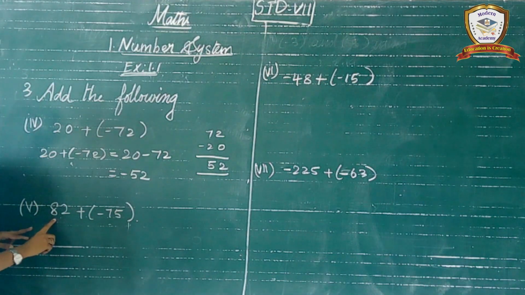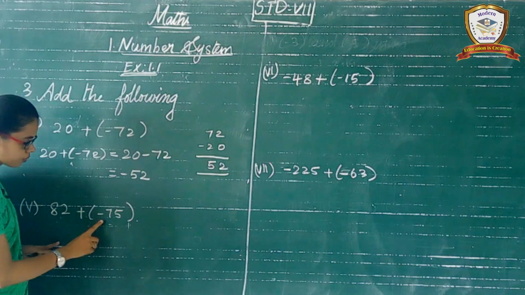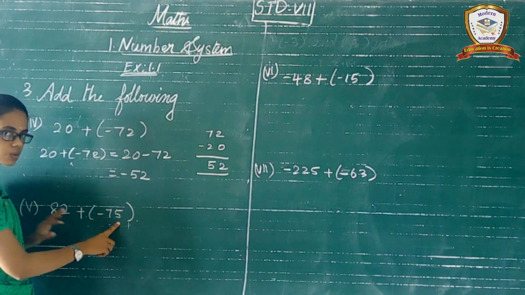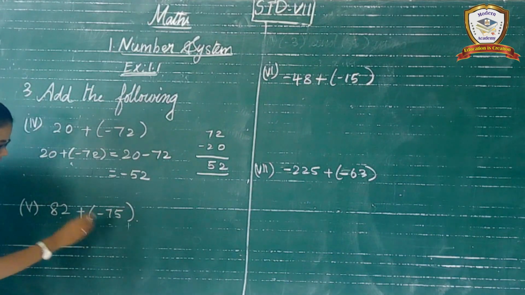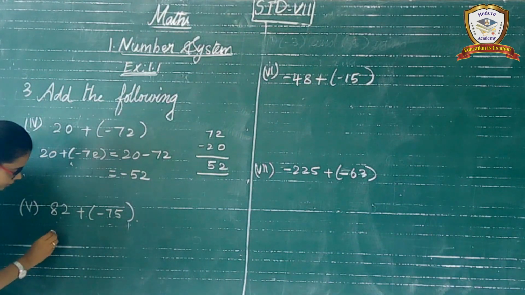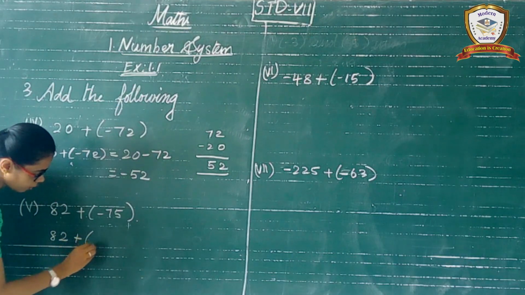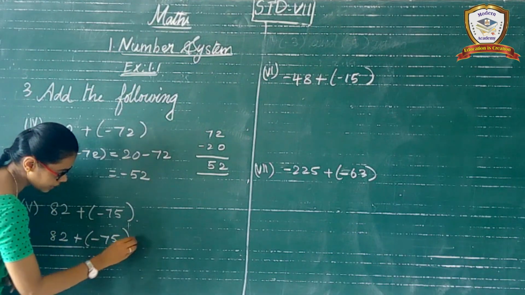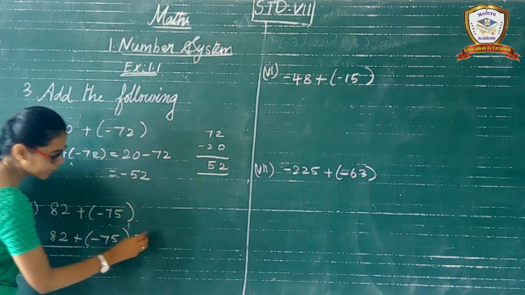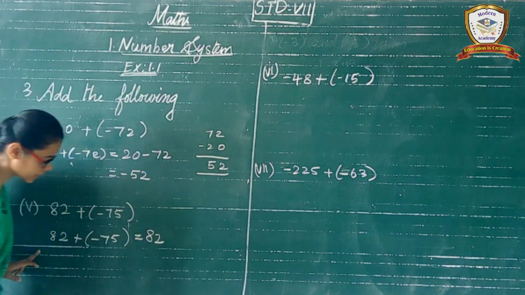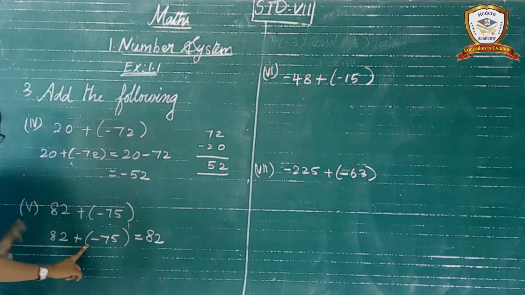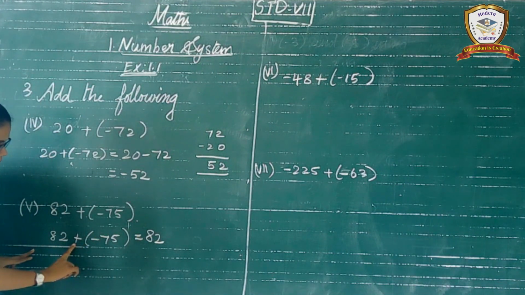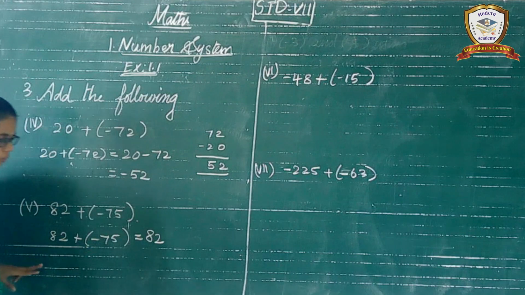See here, 82 plus of minus 75. So we need to find the answer. First these two integers we want to add and find the answer. So 82 plus of minus 75 equal to. 82 as it is you want to write here. Then we remove the bracket. Bracket means multiply. So plus multiply minus, what's that?